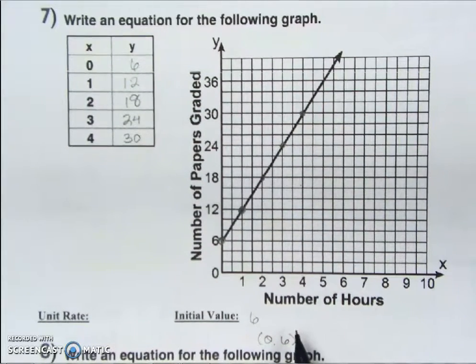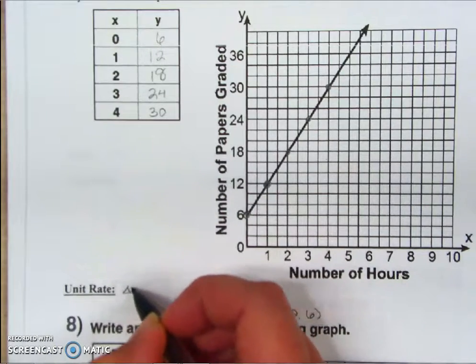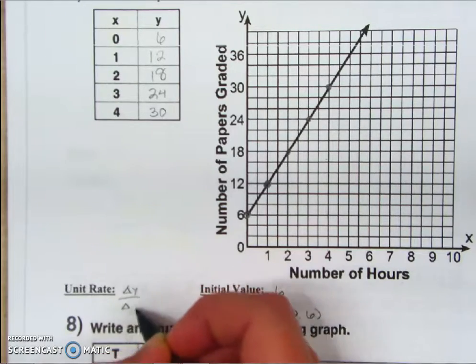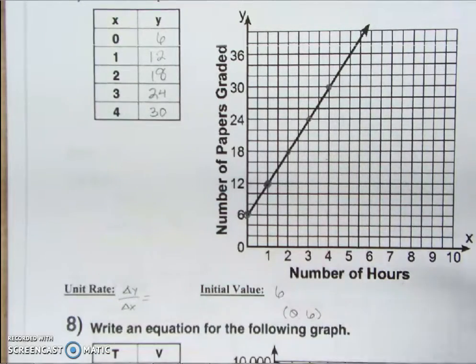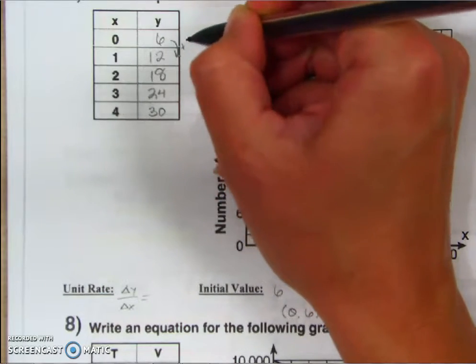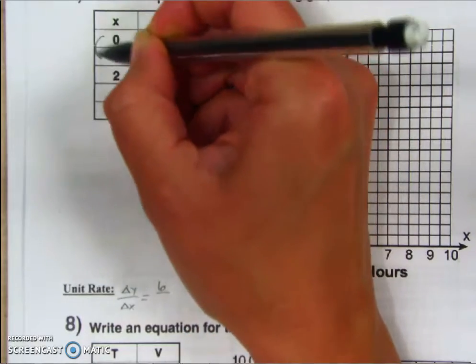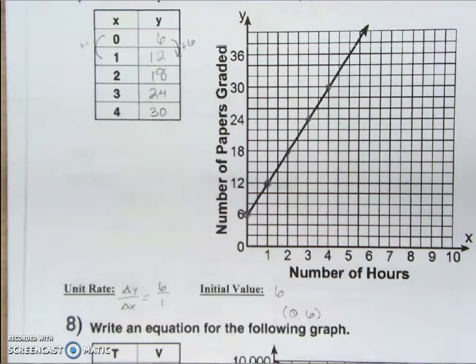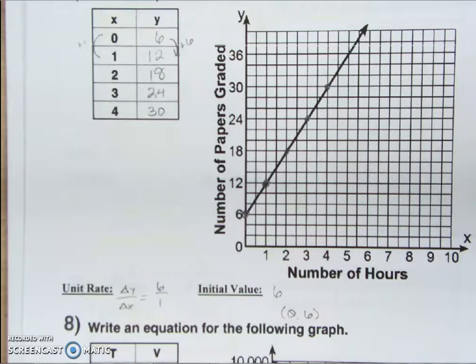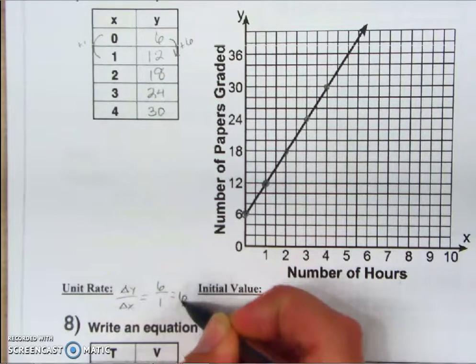We can see the initial value pretty quickly, but let's look for the unit rate. Remember, our unit rate is how the y changes per every x. It's y per x, y for every x. So how is the y changing? Well, it looks like it's adding 6, so it's going up 6 for every 1 that it has for x. So if our unit rate is up 6 over 1, then that tells me the unit rate is 6.